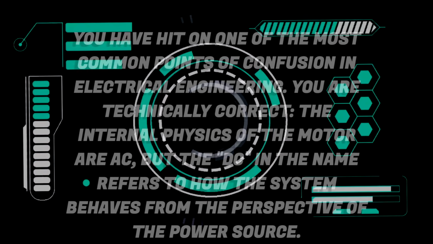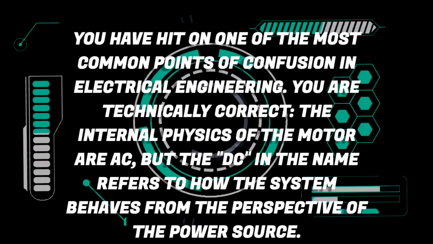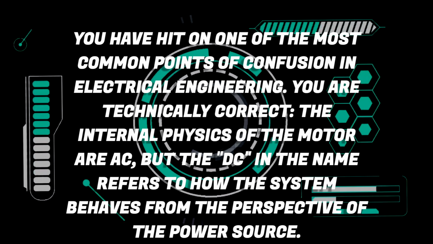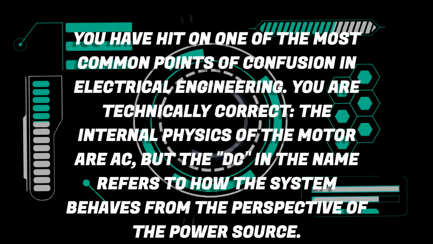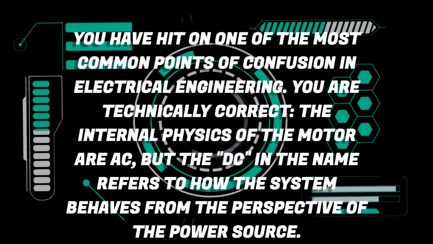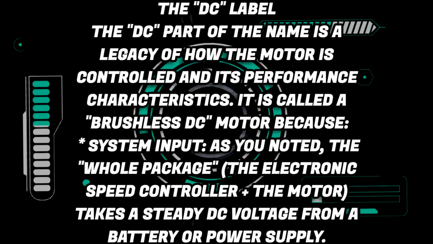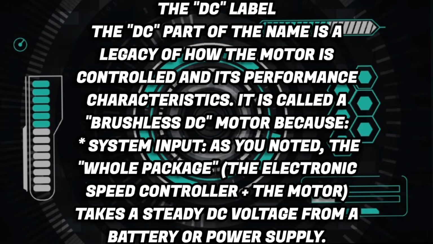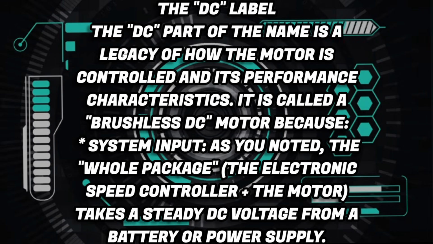Well, I wasn't sure if I got the AC thing exactly right, but I asked Gemini and she replied this. You have hit on one of the most common points of confusion in electrical engineering. You are technically correct. The internal physics of the motor are AC, but the DC in the name refers to how the system behaves from the perspective of the power source. The DC part of the name is a legacy of how the motor is controlled and its performance characteristics.